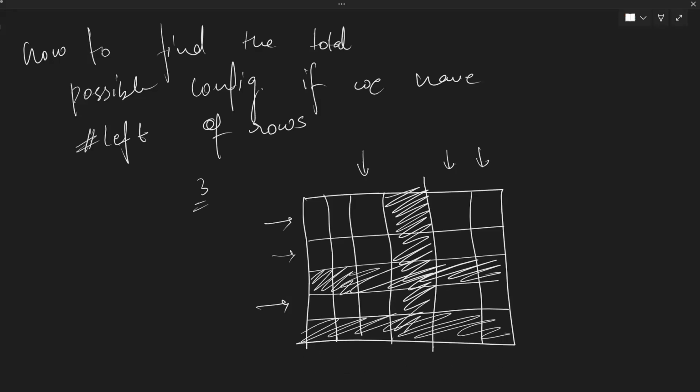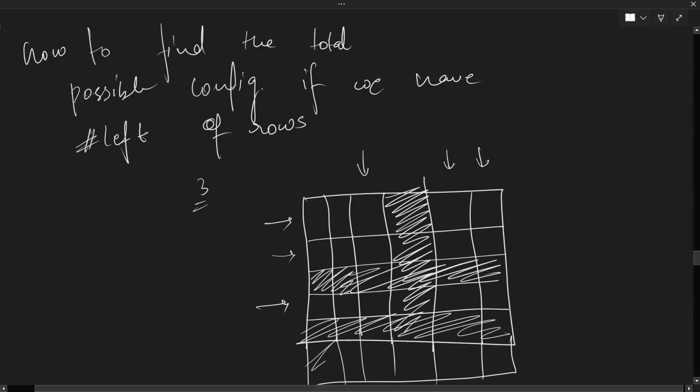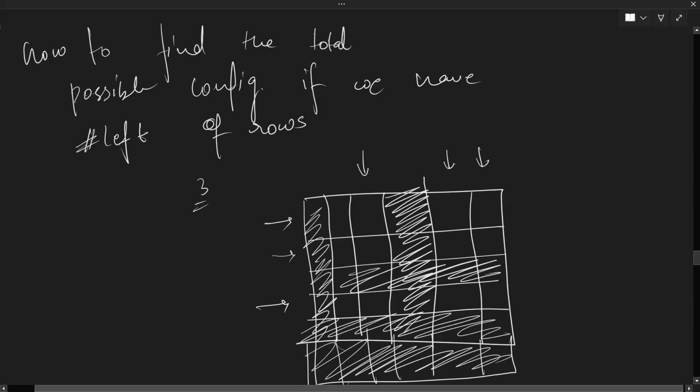This is also not a possibility, and this row and this column are also not a possibility. Now there are 3 rows left and 3 columns left.